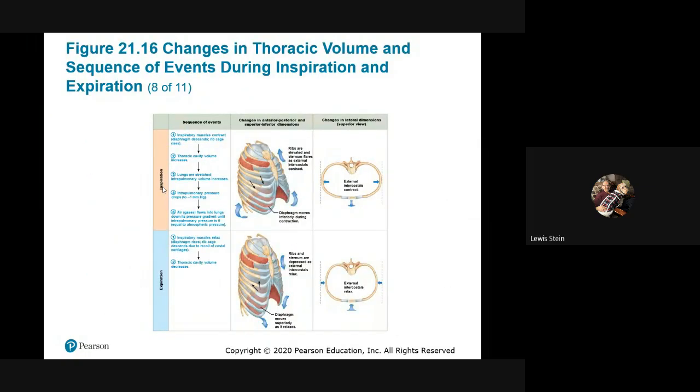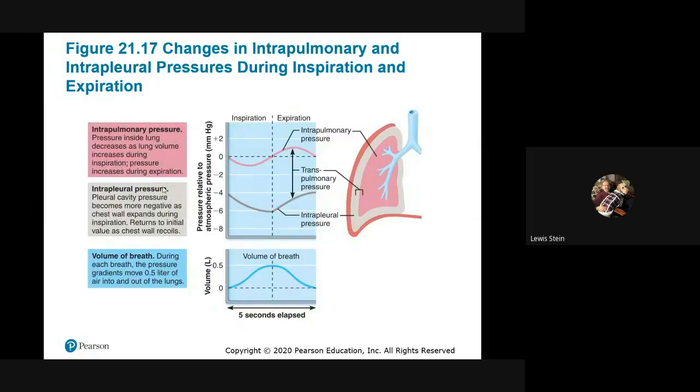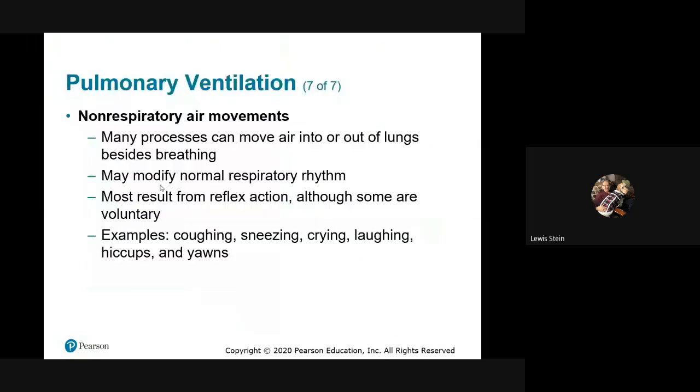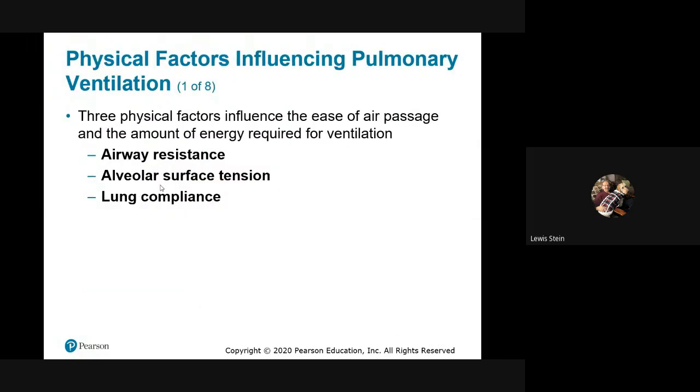The typical tidal volume is about a half a liter. Within that half a liter, about 150 milliliters is air that's not moving oxygen and carbon dioxide. It's basically there to fill the spaces. So that's part of it. We'll get to that graph shortly, just to review it.